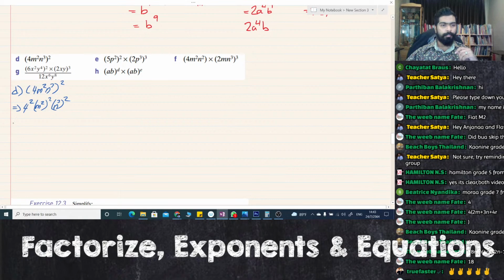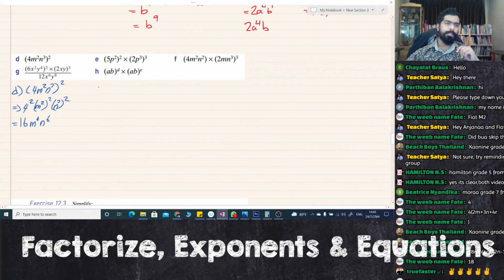Finally, the final answer, 4 squared is 16. M squared raised to the power of 2 is going to give us m to the power of 4. And then n cubed raised to the power of 2 is going to give us n raised to the power of 6. All right, guys? And that would be our final answer, right?